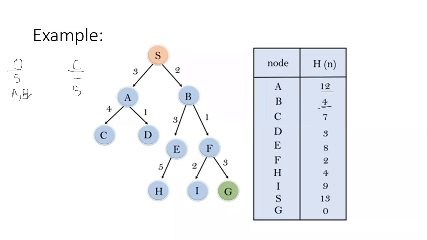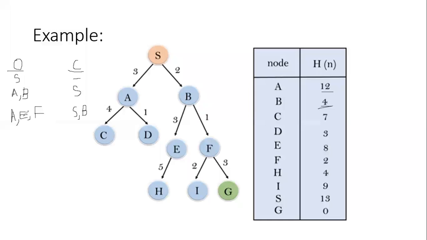In the next step, we take B to the closed list. So in the closed list we now have S and B, and in the open list we have A, and now we have to include the children of B. The children of B are E and F.